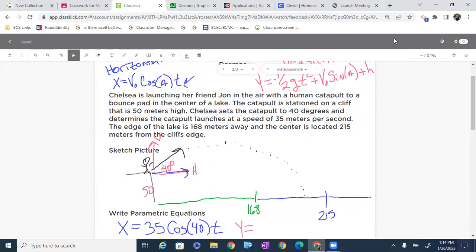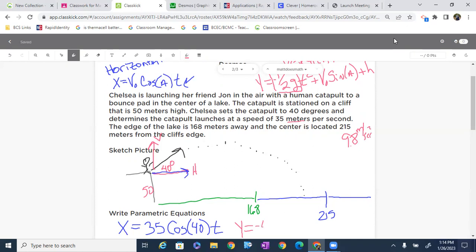So Y equals... Now, we do have to remember that this is negative 1/2 g, and that g is gravity. So we are talking about meters. So gravity is 9.8 meters per second squared. So we have to cut that in half, and half of 9.8 is 4.9.